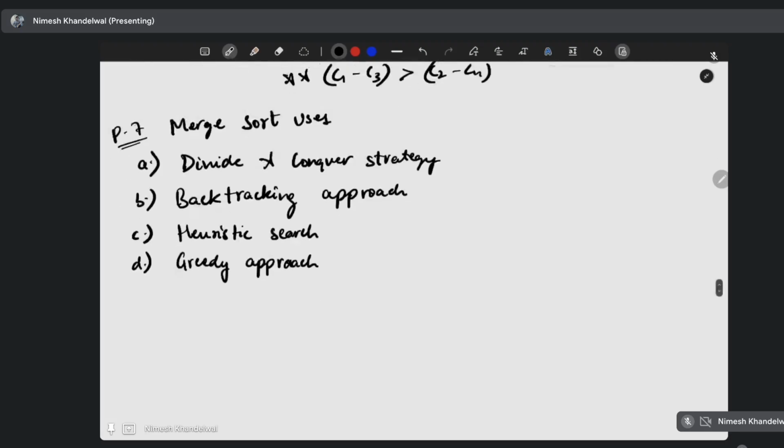Right, so which strategy does merge sort use?